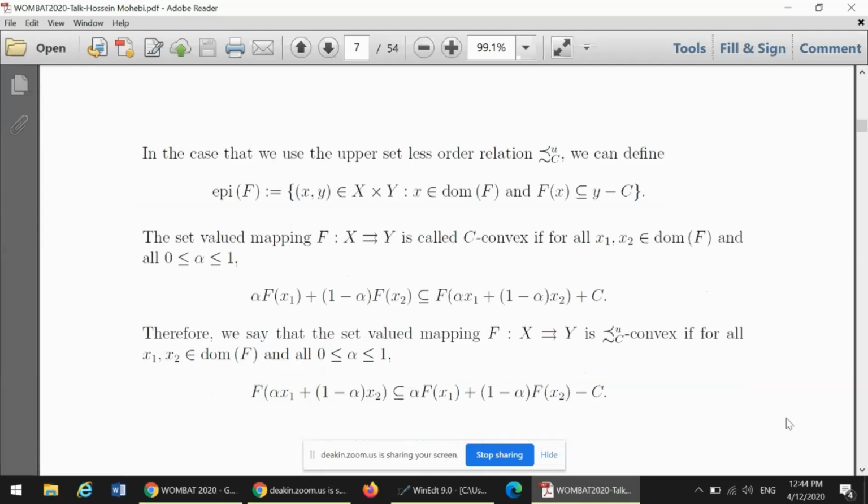And we say the set-valued mapping F is convex with respect to upper set-less order relation if for all x1 and x2 in domain of F and all alpha between 0 and 1, this inclusion holds.